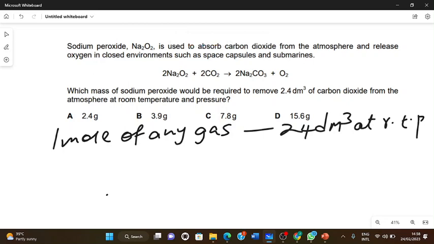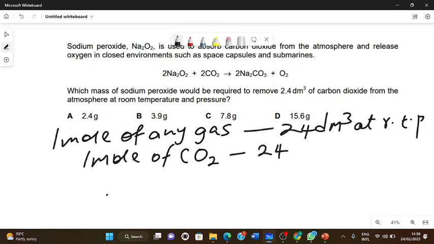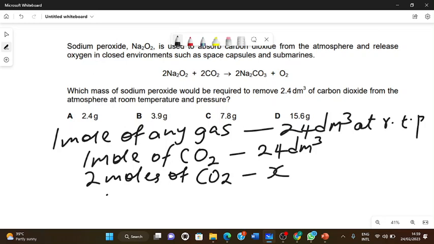Now, 1 mole of carbon dioxide will occupy a volume of 24 dm3. Therefore, 2 moles of carbon dioxide will occupy a volume of x.